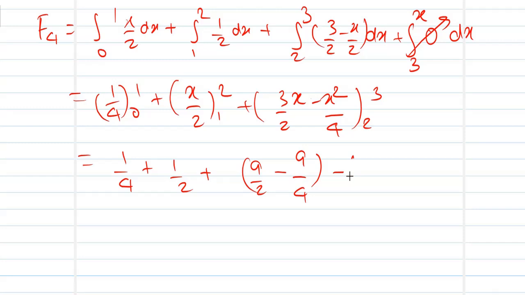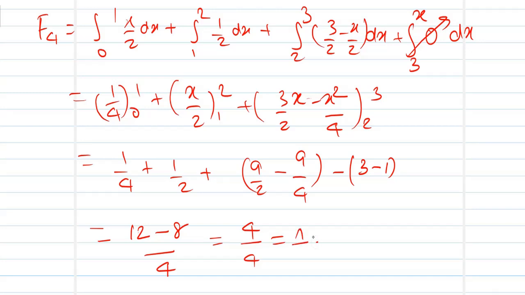Upper limit minus the lower limit is going to be 3 minus 2 square is 4 by 4 is 1. So when we add it up, it's the same as our previous steps, students, but with the constant value. No more of x over here, all the x gets eliminated, and finally we have it as 12 minus 8 by LCM is 4. So that makes it as 4 by 4, and hence the answer is 1, which is going to be the final value of a cumulant.